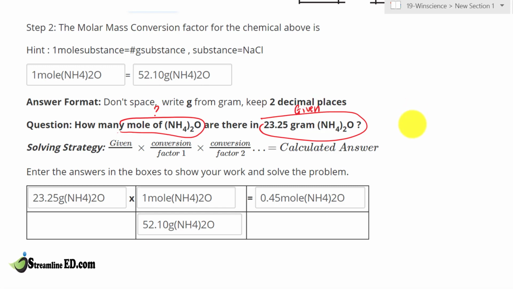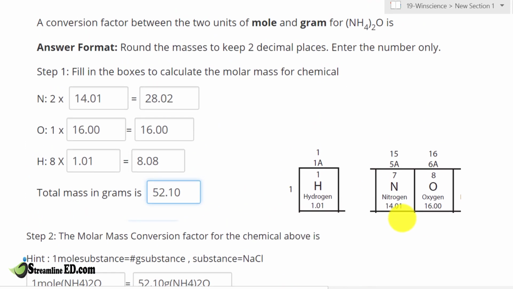Now, going back over here, we have to solve for the molar mass of ammonium oxide using the periodic table, and I laid out the framework for you already. Look at the chemical formula for ammonium oxide. Here's the screenshot of the masses of all the elements involved.